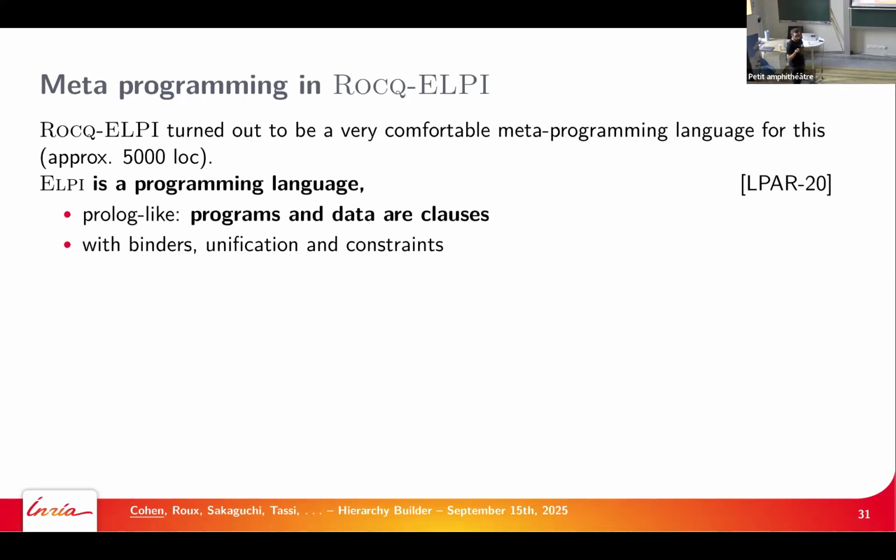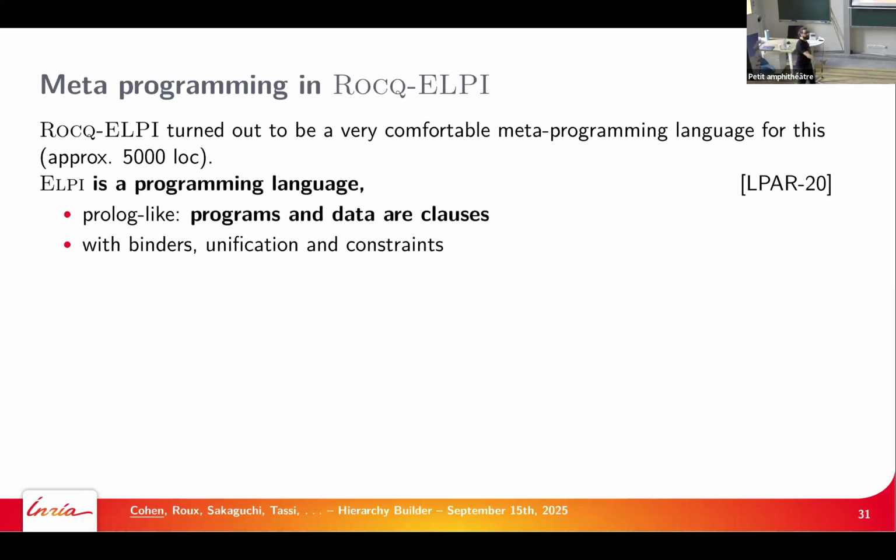So LP is a programming language that is Prolog-like. It doesn't really have functions. It has predicates and clauses, and you can store data as if it's a piece of program.